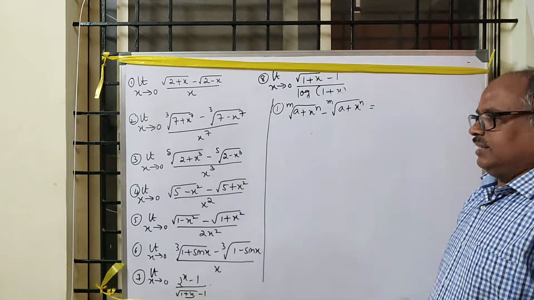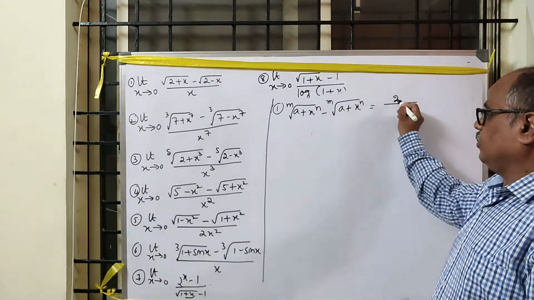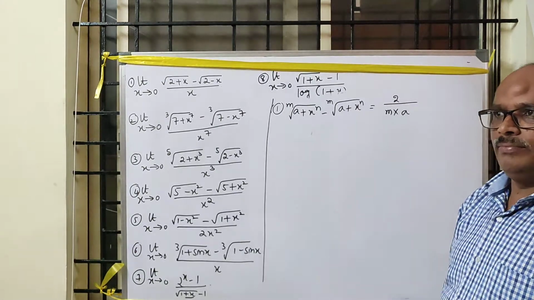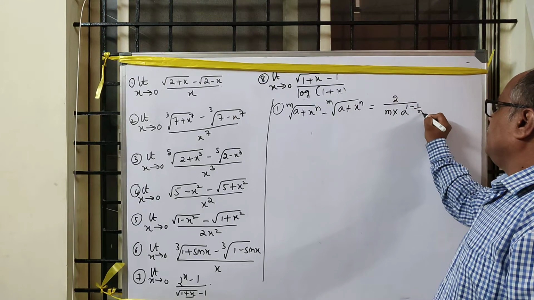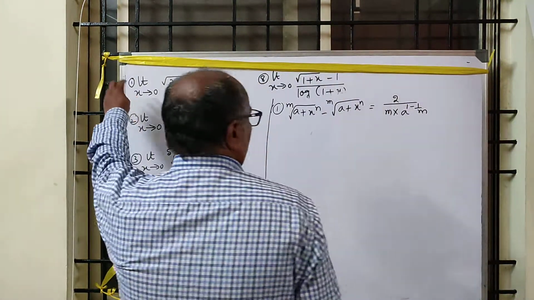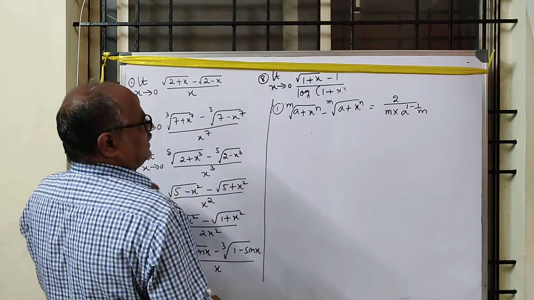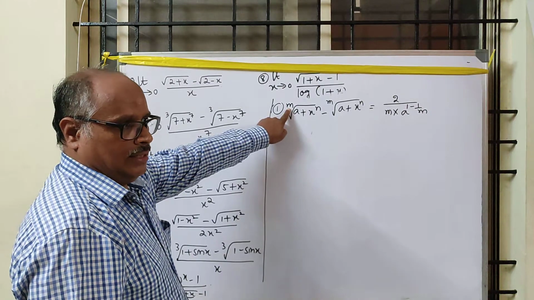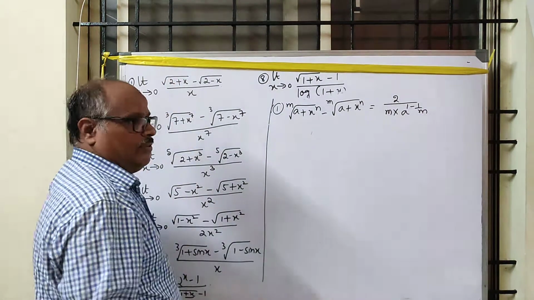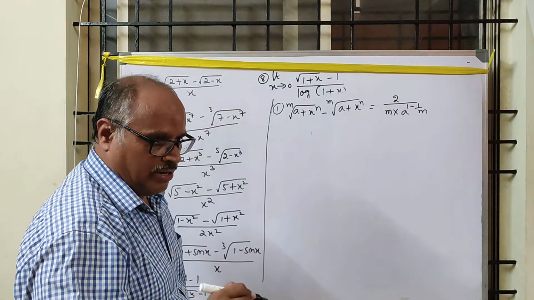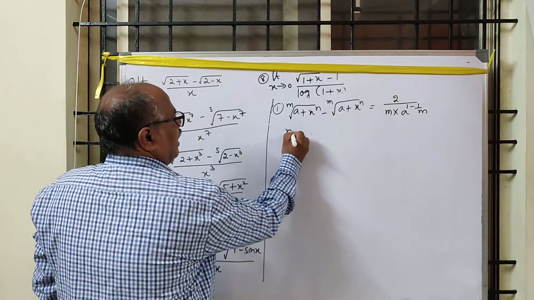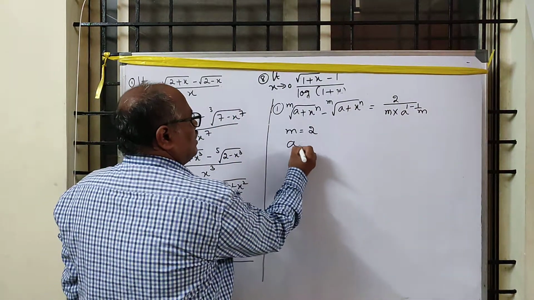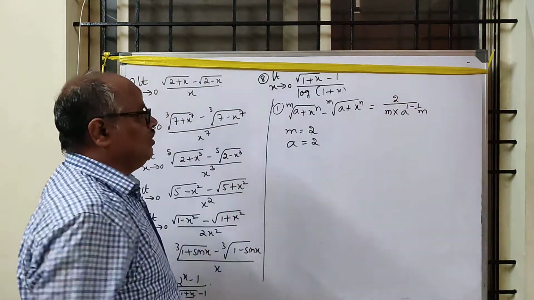The answer for this is 2n divided by m, into a to the power of 1 minus 1 by m. In this problem, m is the root index, here square root, so m is 2. And a is also equal to 2.